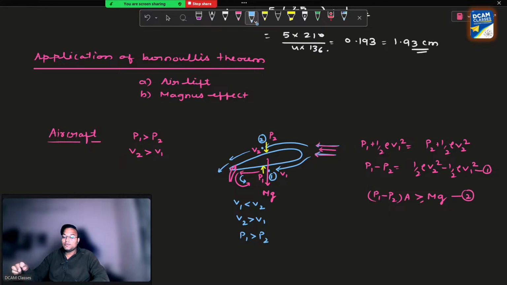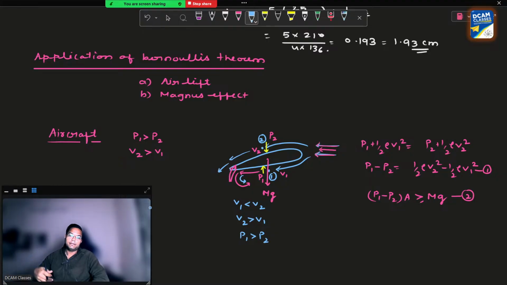You must have seen that whenever an aircraft is about to take off, it starts with a very high acceleration and gathers so much speed. At some speed, it just takes off, but usually that speed is very high. So the aircraft speed is very high, the opposite air speed is high, combined with the propeller sucking air at high speed, so the velocity V2 becomes very high and V1, due to interruption, becomes low.